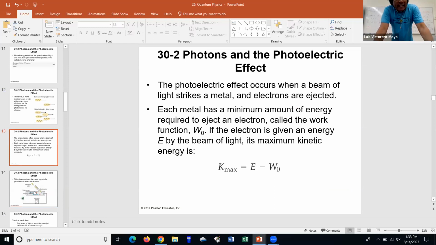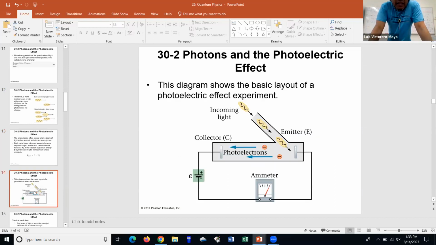So this is the key aspect for the photoelectric effect. What Einstein did in this experiment is he changed the frequency, aka the wavelength of light, that was aiming towards a collector, as you see in there. You have an emitter and you have the collector, which are basically two parallel plates.